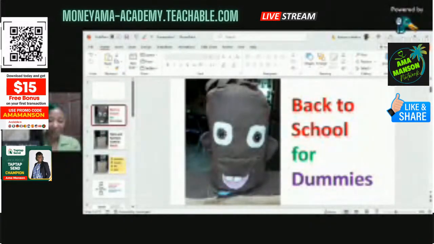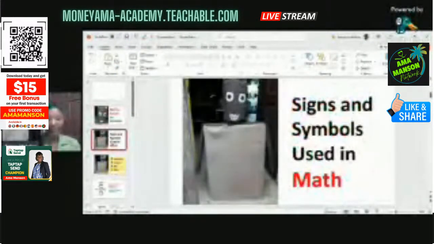So that's our puppet that we're going to be using as our learning aid in these sessions, right? For the time being, you're going to be seeing Dum Dum in the presentation, and then later on, you'll see him in person. So let's go back to school for dummies, and the topic is signs and symbols used in math.